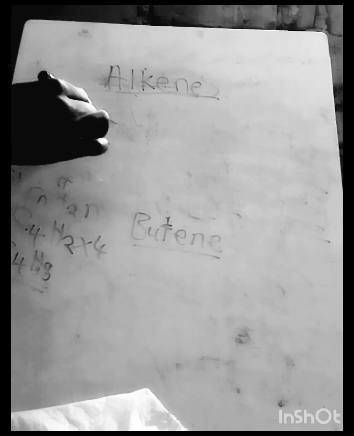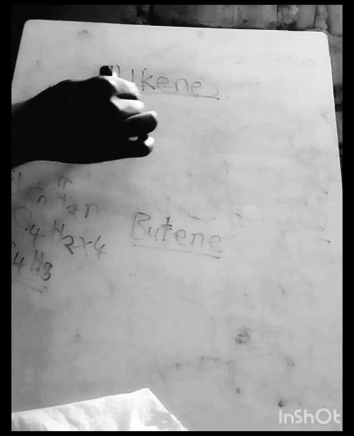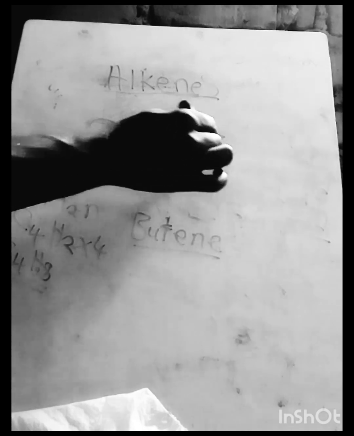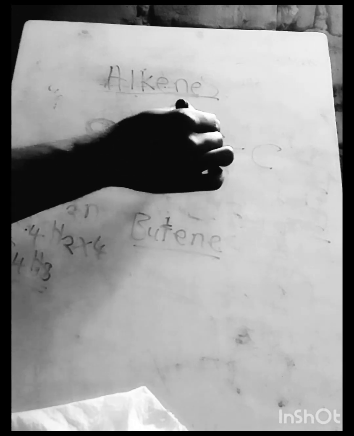So we put 1, 2, 3 and 4. Now where do you put the double bond? The double bond can be put between the first 2 carbons or the last 2 carbons. If I want, I can put it here, the double bond.